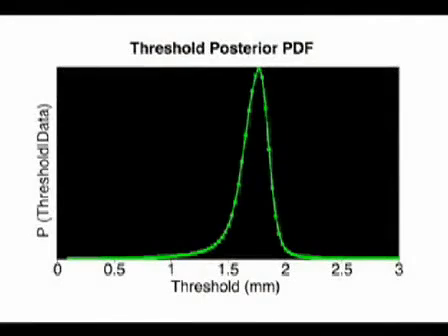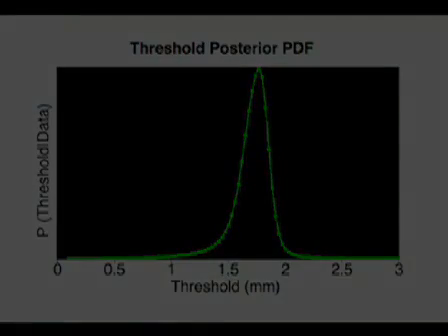The mode of this PDF is our best estimate of the subject's threshold, but there is uncertainty about this estimate. This uncertainty is represented by the width of the curve. The broader the curve, the less confident we are about our estimate of the subject's threshold, and conversely, the narrower the curve, the more confident we are about our estimate of the subject's threshold.